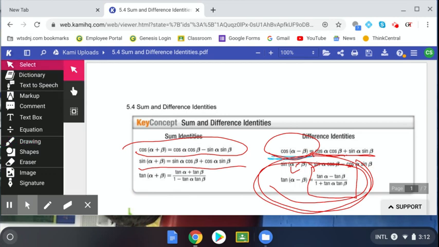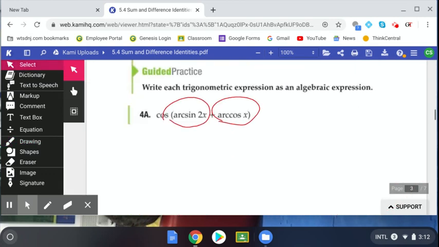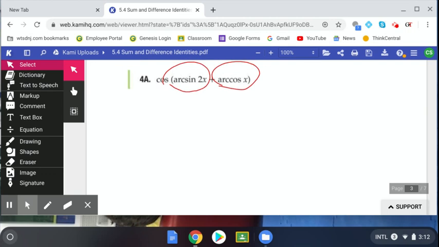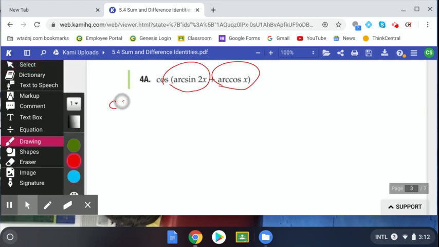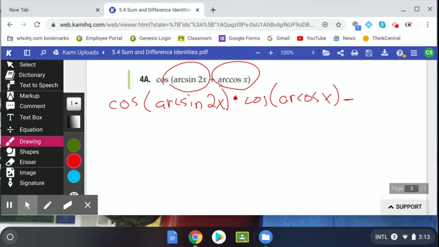So I'm going to rewrite that as cosine of arcsine 2x times cosine of the second, which is arc cosine x, minus, and now I'm going to do sine of the first, sine of the second.